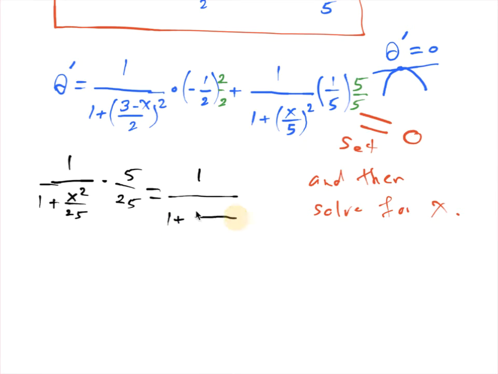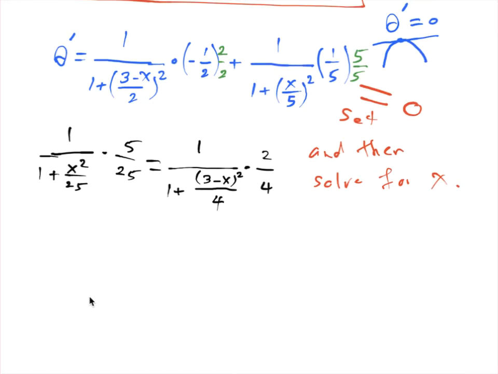It's the square of the numerator, which is (3 minus x) squared, divided by 2 squared, which is 4. And then I'm multiplying it by 2 over 4, right? 2 times 2 is 4 in the denominator, and 2 times 1 is 2 in the numerator. So this is the equation that I have so far. I can simplify it further.